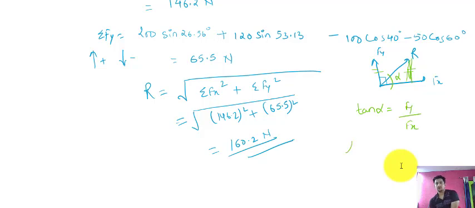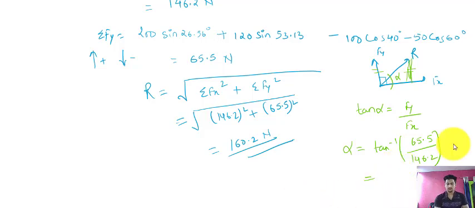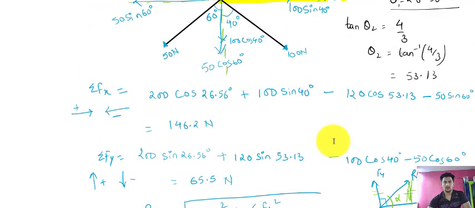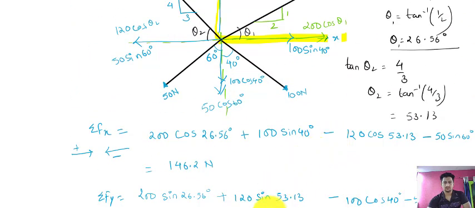So alpha is tan inverse of the Fy component, 65.5, upon 146.2. The answer comes out to be 24.1 degree. So this is the angle of the resultant with the x-axis. All these are the concepts based on the resolution of forces.